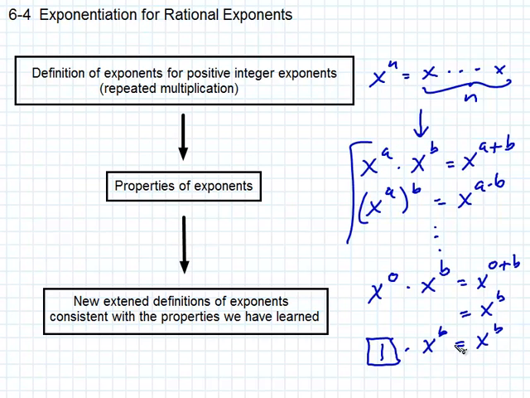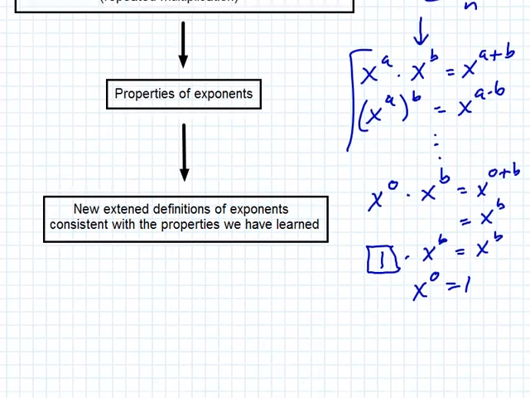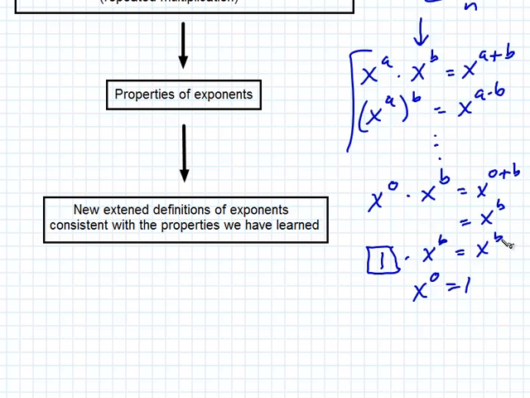So, the only meaning that is possible to give to x to the 0 that would make it consistent with the properties of exponents would be if x to the 0 equals 1. Okay? So this is going to be our definition when the exponent is 0. When the exponent is 0, we define it so that x to the 0 is equal to 1.